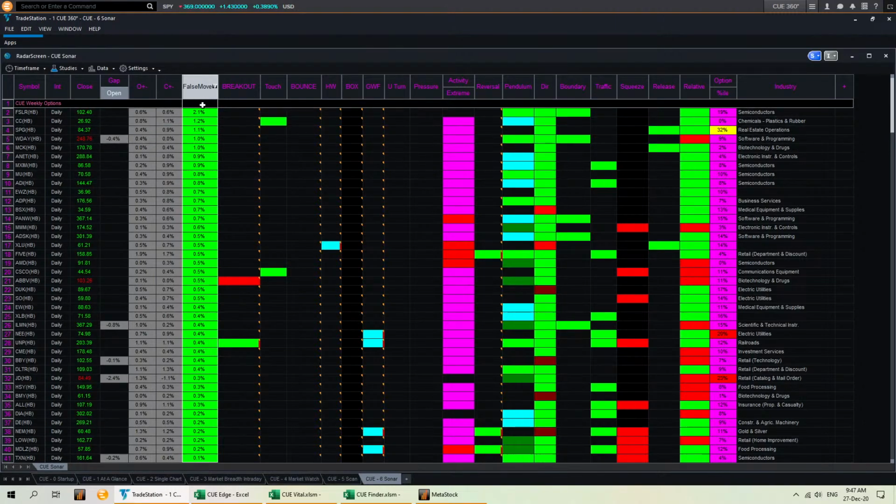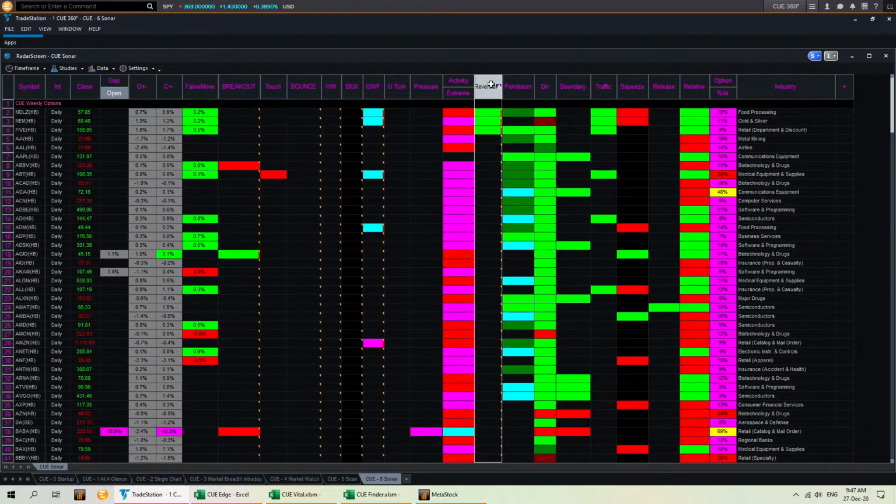Now false move, if the reversal from false move continues so much that it goes beyond previous day's boundaries, then that will be shown by the reversal candle. This column, reversal column, shows that for these three stocks we have reversal day.